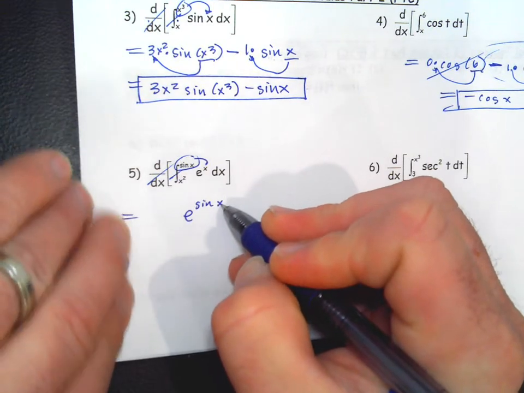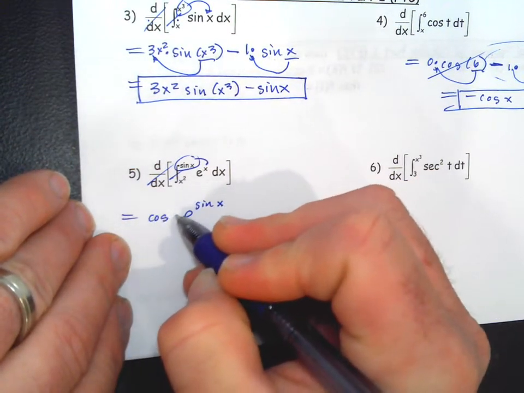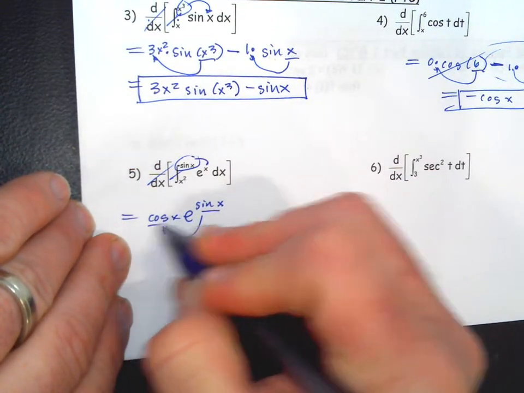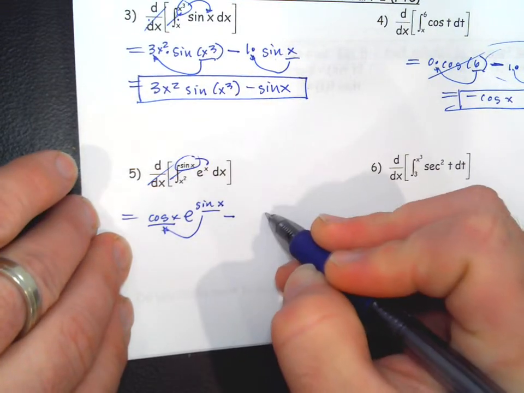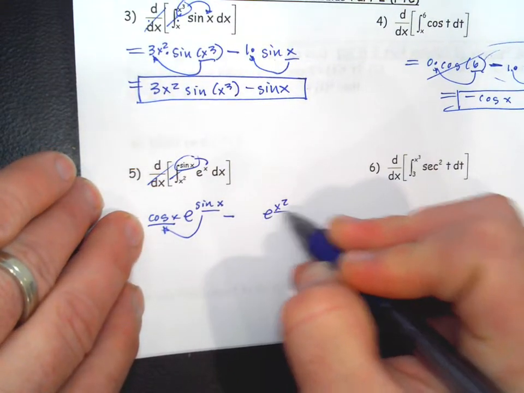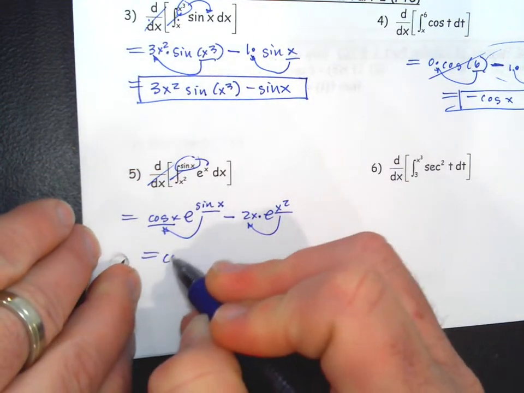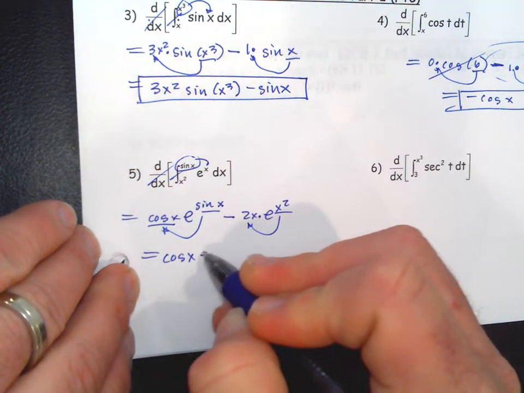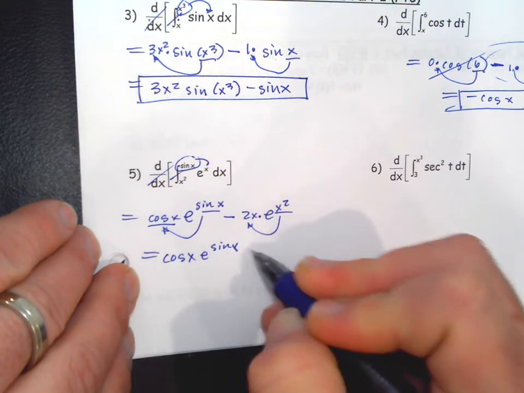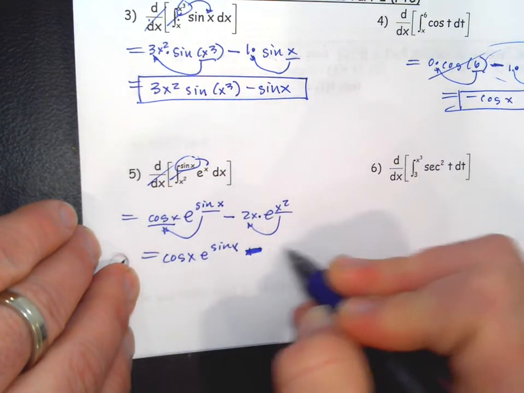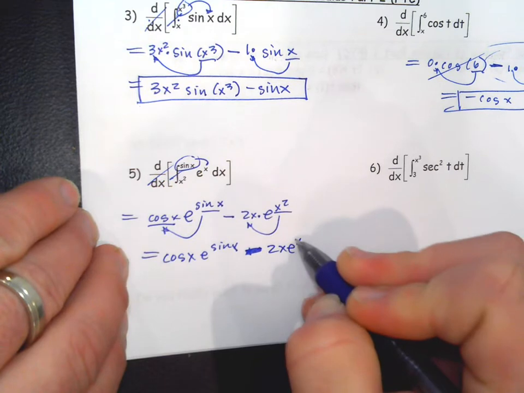E to the sine x, derivative of sine x is cosine x. Got to put that out in front. Minus e to the x squared. We're only doing the derivative of what we plugged in. X squared is 2x. Final answer, cosine x, e to the sine x, plus minus 2x e to the x squared.